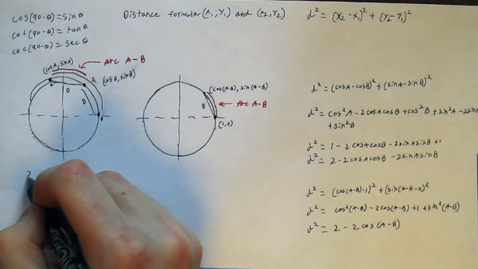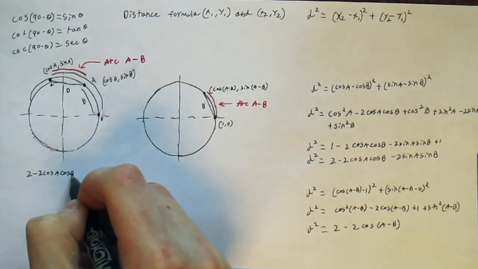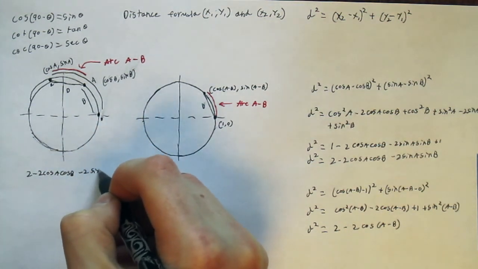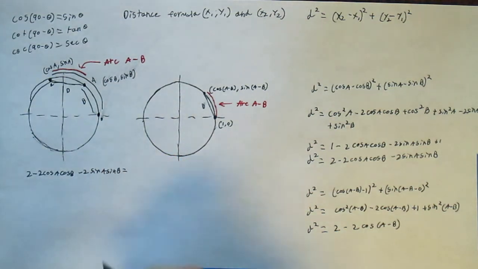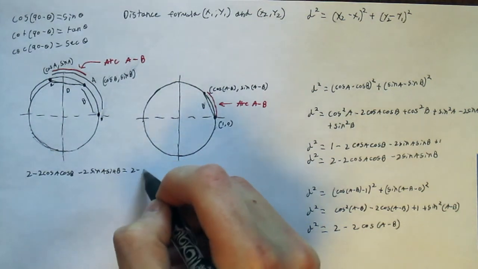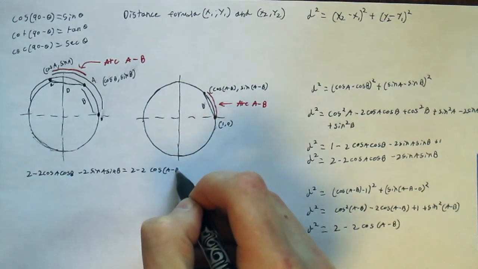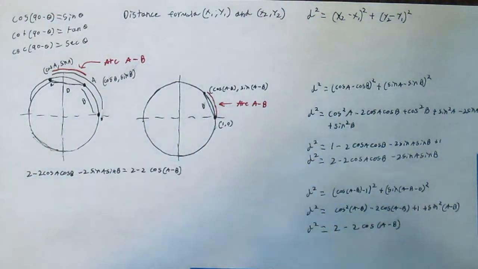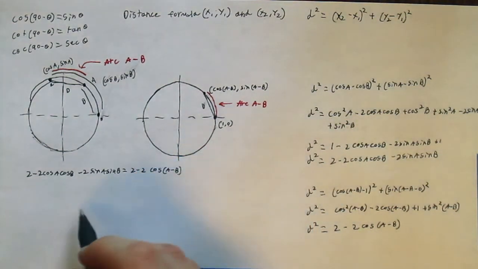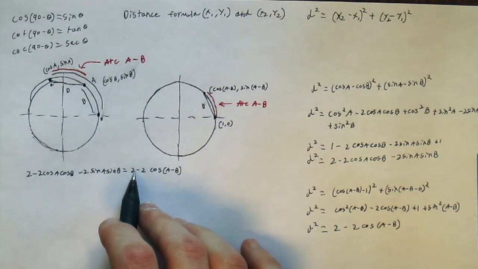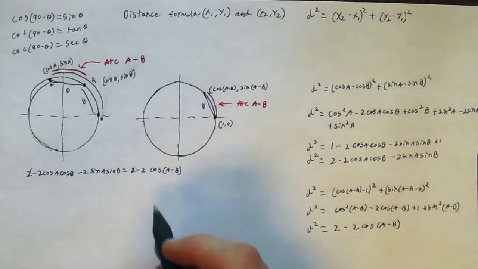So we say 2 minus 2 cosine A cosine B minus 2 sine A sine B equals 2 minus 2 cosine of A minus B. So then we eliminate the 2 from both sides, and then we divide both sides by -2.